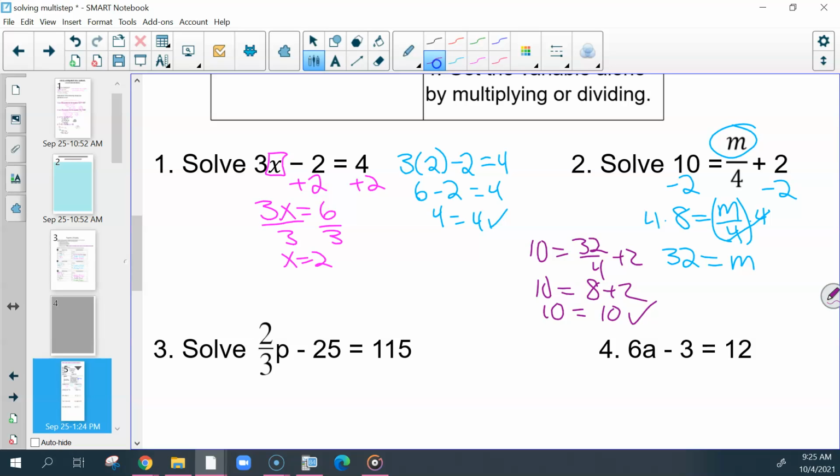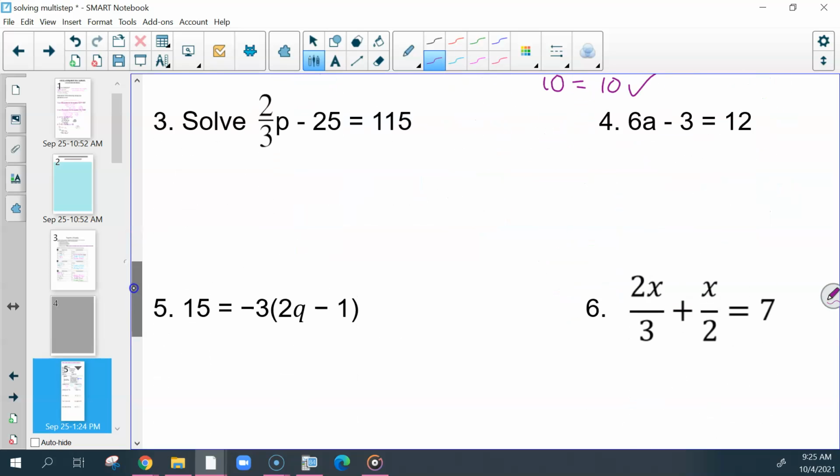How did you do that originally? Yeah. The 4 is 10. What? 8. Oh, yeah. Any other questions on number 2? We're going to move on to number 3. We're doing notes right now.